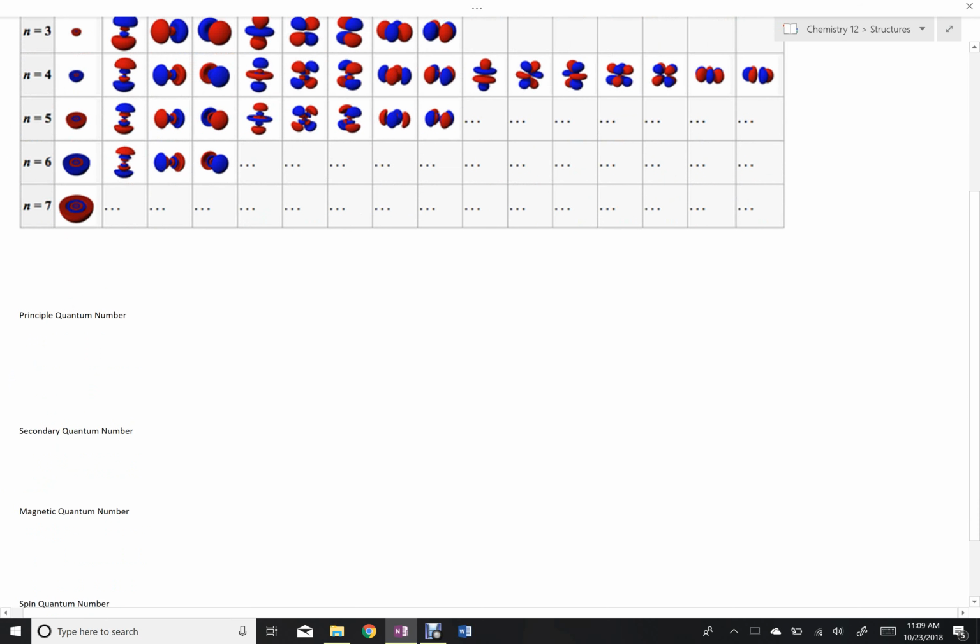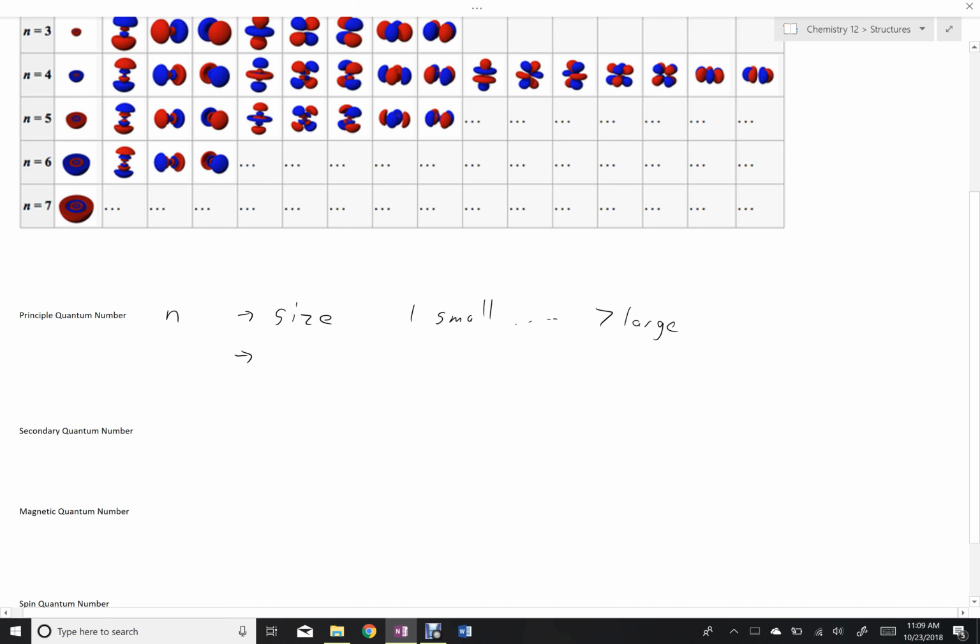So the first quantum number is called the principal quantum number, and it gets the letter n. N is tied to 2 basic things: the size of the orbit, where 1 is small, and it goes all the way up to 7, which is large.